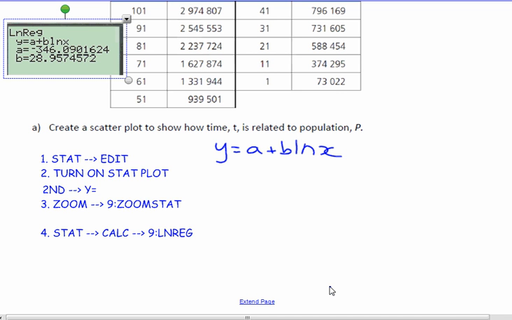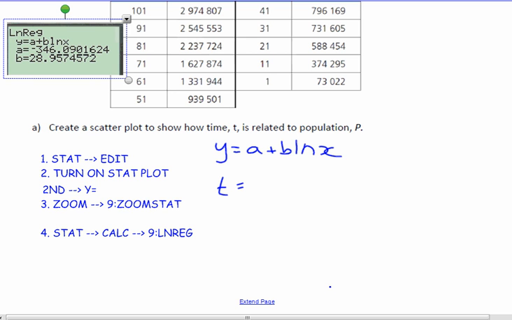Now, in this question, who was y and who was x? Who was y first? Was it time or population? Y was time. So we're going to replace this with t equals.